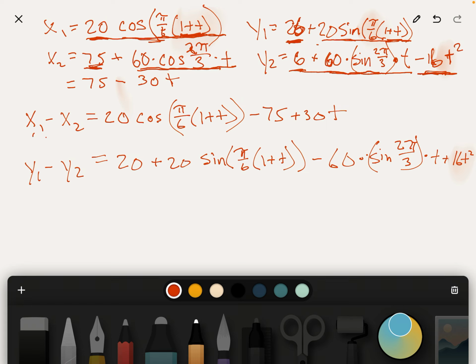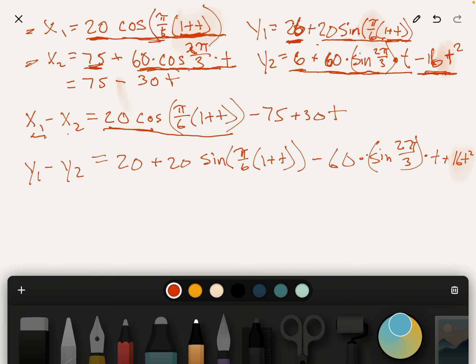So when you do x1 minus x2, we're getting ready to graph this, and we want to determine the distance as a function of time between Francesca and the ball. So x1 minus x2, that's pretty straightforward. This is what you get. Oh, I know. The other thing I did, I simplified.